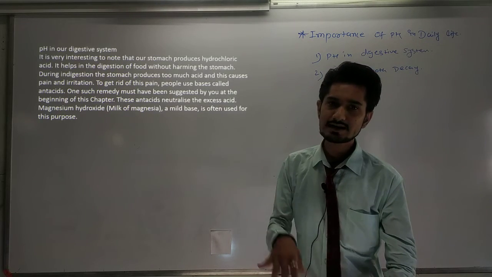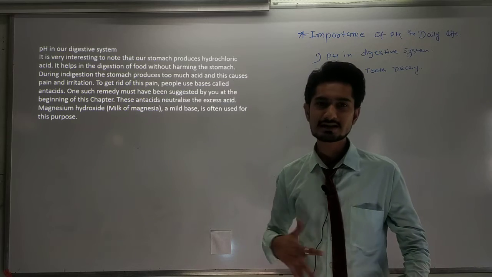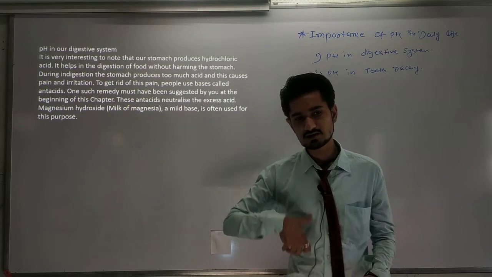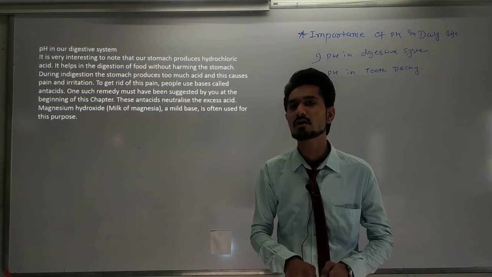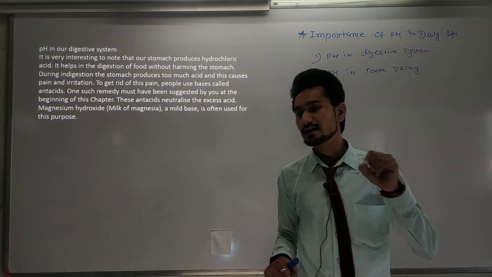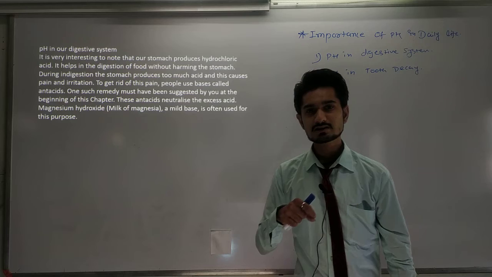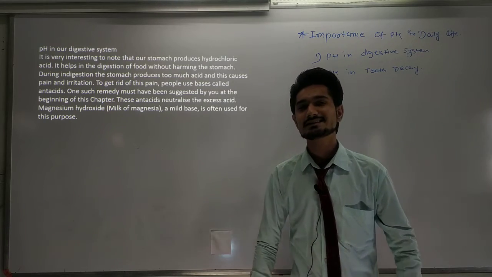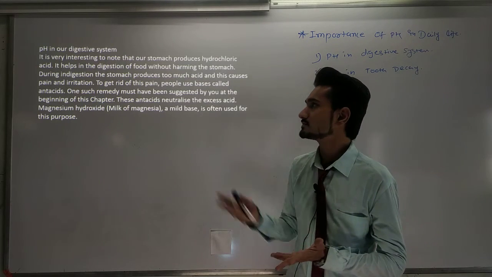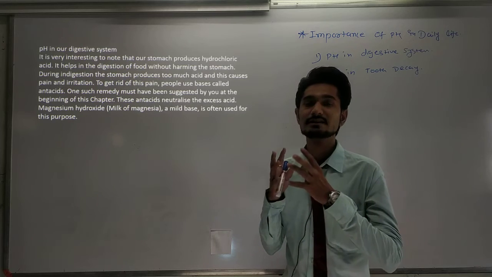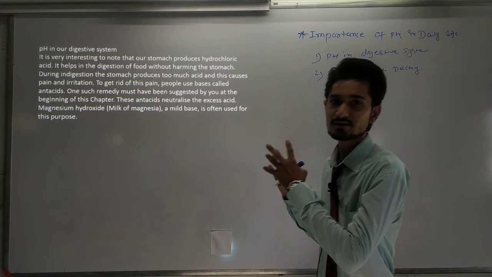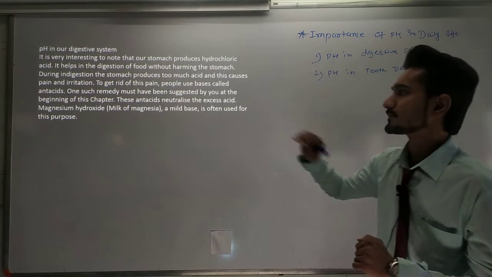For that reason I have to neutralize this acid produced in my stomach, so I am going to study the base. Then I can put the base into my stomach that can neutralize this acid, and that is why pH is an important topic in our digestive system.